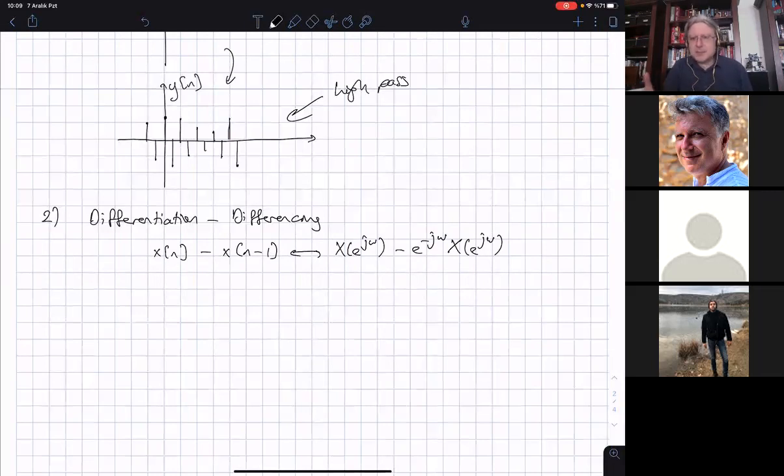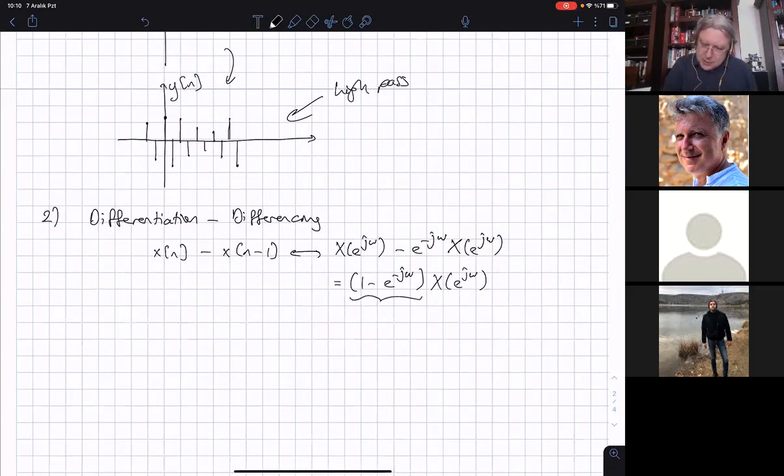If you shift in time, you multiply in frequency domain with e to the minus j omega times the amount of shift, where the shift is 1 here. So the right-hand side of the Fourier transform pair becomes 1 minus e to the minus j omega in parentheses times X of e to the j omega. Okay? And that is the property. As you see, it's not even a property, it's too easy.